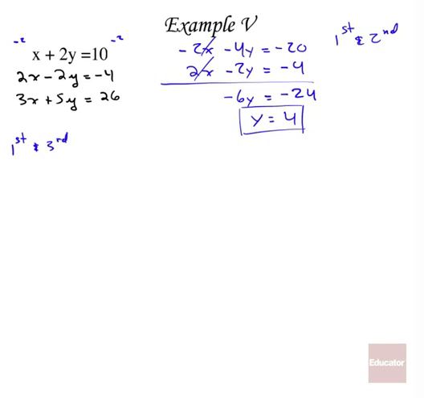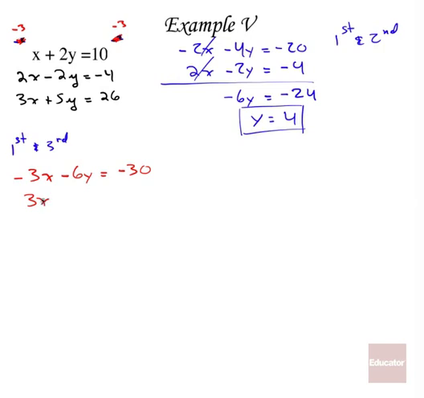Let me do this one in red. This is x, this is 3x, so I'm going to multiply by negative 3. So in this case, I have negative 3x minus 6y equals negative 3 times, let me cross these out, so negative 3 times that is negative 30. Let me make sure my negative signs work here.